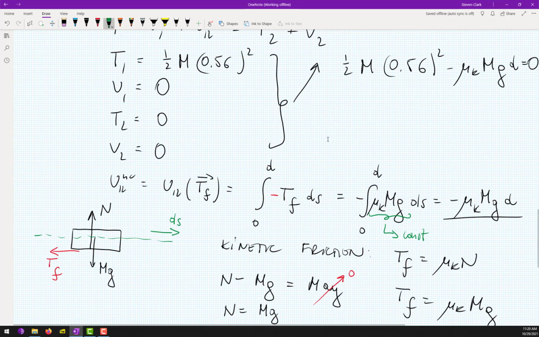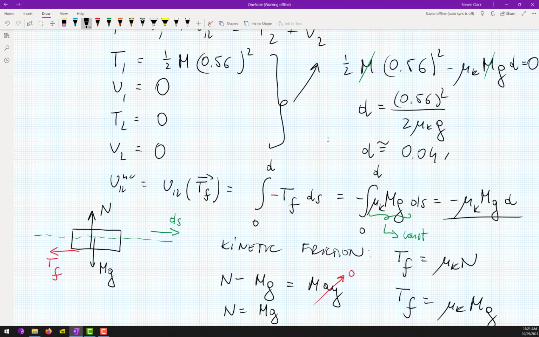So m can cancel out, and we end up with d equal to 0.56 squared divided by 2 mu k g. Grab your calculators and obtain that d is approximately 0.04 meters.